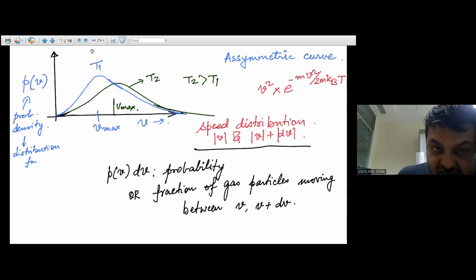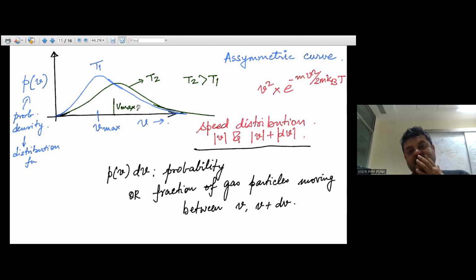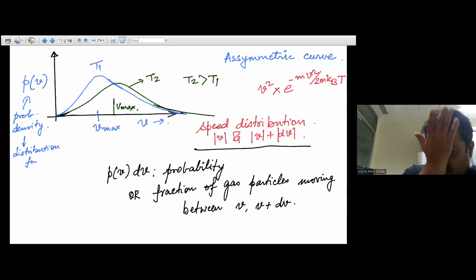And an exponential function, which is a sharply decreasing function. As a consequence, this has a fixed peak. And moreover, you have to note that this distribution function is not symmetric, right? So if you plot it, you can do a graphical analysis and see that it rises sharply here, but falls more gradually here, right?